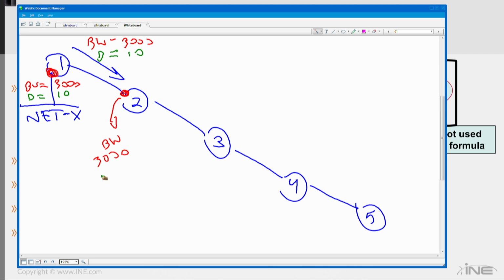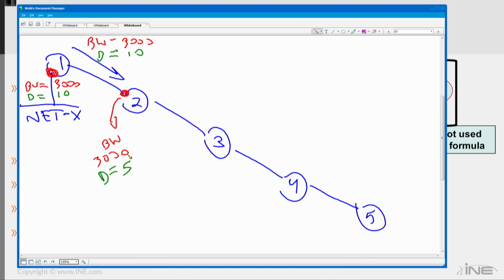And he says my delay is equal to 5. Then for router 2, when he plugs these numbers into his formula, he's going to take the lowest bandwidth, which in this case they're both the same. So he'll use the bandwidth of 3,000 and he'll do the sum of the delay. So in his formula he'll put in the number 15 for the delays.